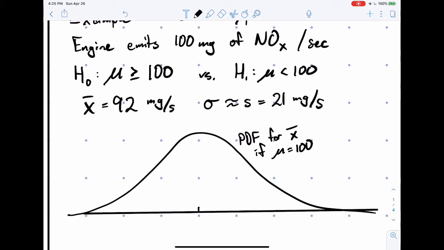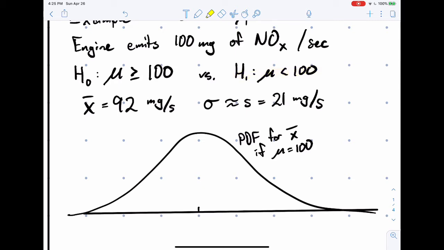Now we can take a look at the probability density function for x bar if mu is actually equal to 100. So this is within the null hypothesis. Setting mu equal to 100 is as close as we can get to saying that mu is strictly less than 100.